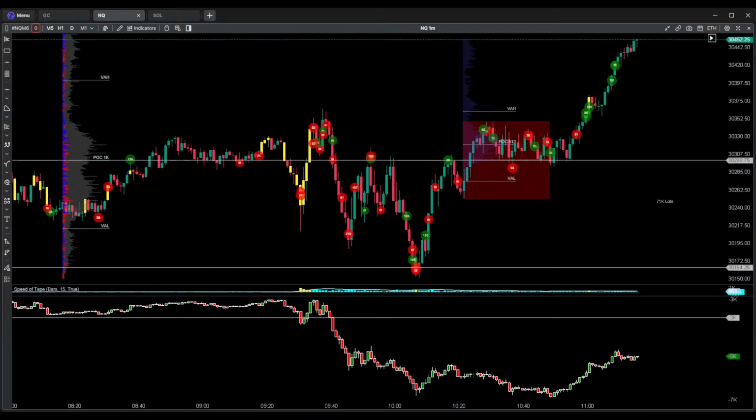Still no sign. The price is in a discovery mode. Let's look what else we got there. 25% range is here. Let's wait. Maybe PM session would give us something. It's 11:15.